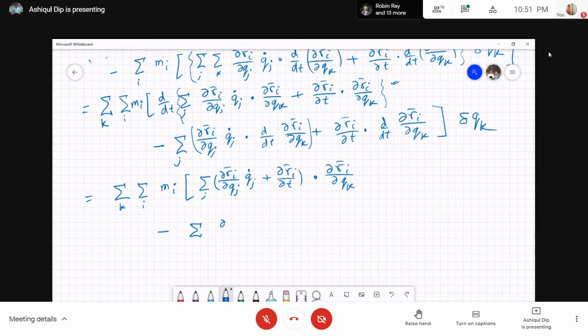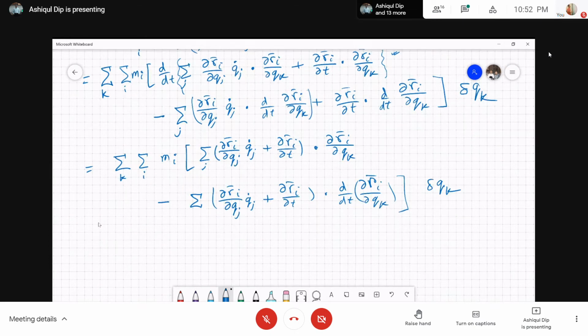So delta ri by delta qj dot plus delta ri by delta t, this whole thing, dot ddt of delta ri by delta qk. And then we have the whole variation of qk. Is that okay?